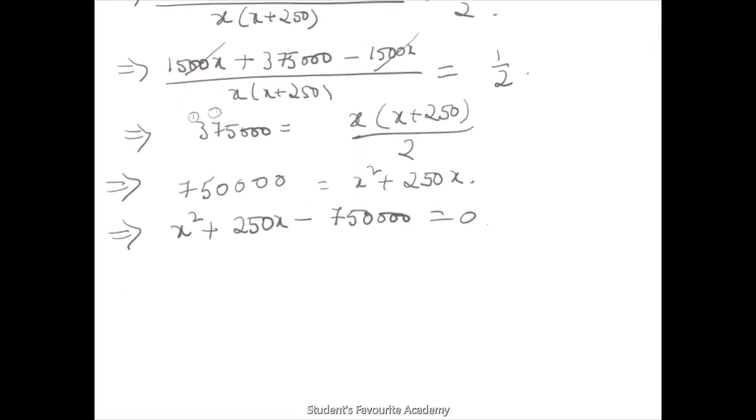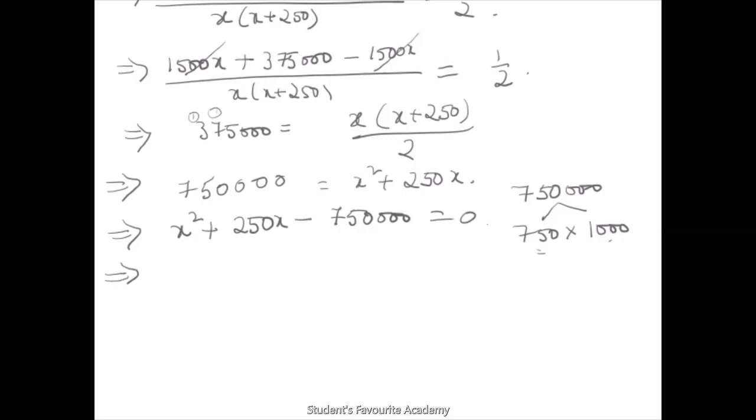So now nothing can be simplified or divided, because the x square coefficient is 1. So now we have to find the factors of 750000. This can be written as 750 into 1000, and the difference between these two is 250.